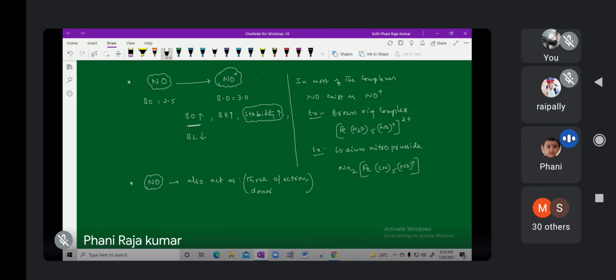In some complexes, it donates its odd electron to the metal also. That means it behaves like a 3 electron donor. Like other ligands, it donates 2 electrons. In addition to that, it can donate its odd electron and becomes a 3 electron donor.